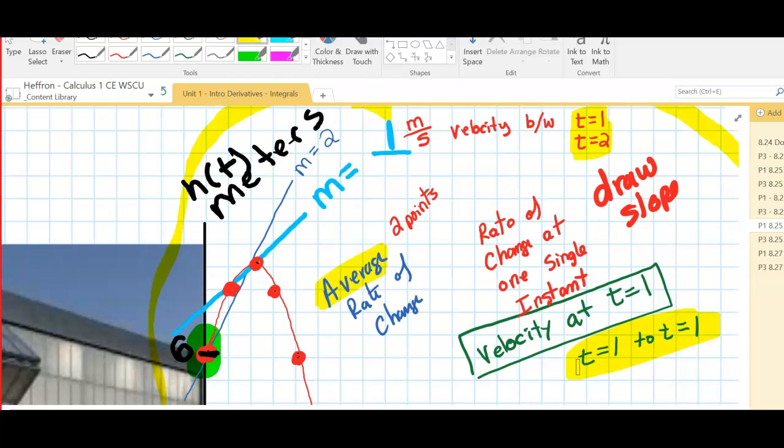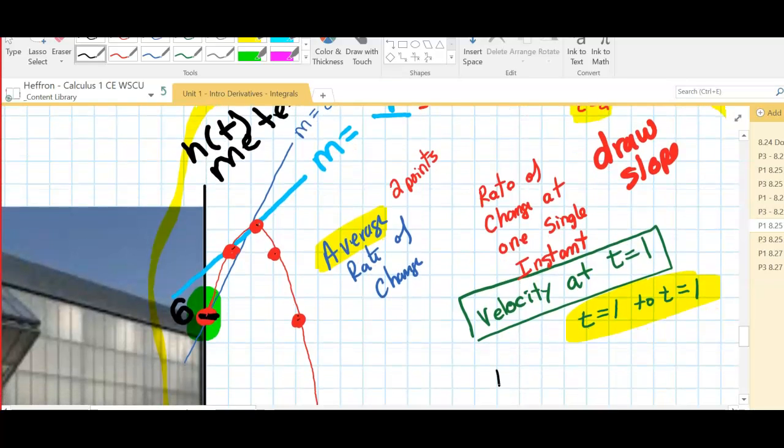It's no longer an average rate of change, but we're going to call this new thing an instantaneous rate of change.